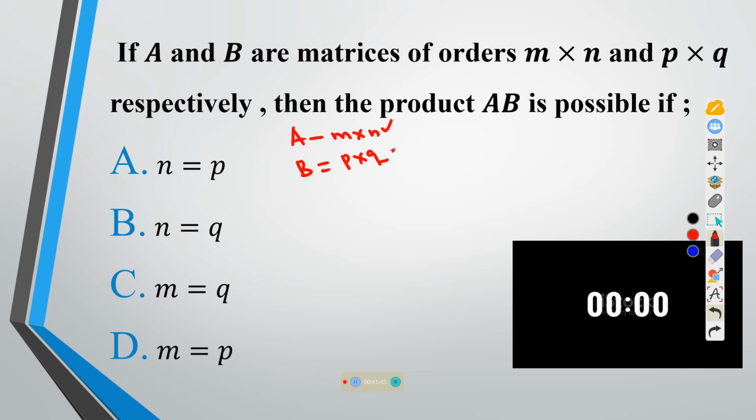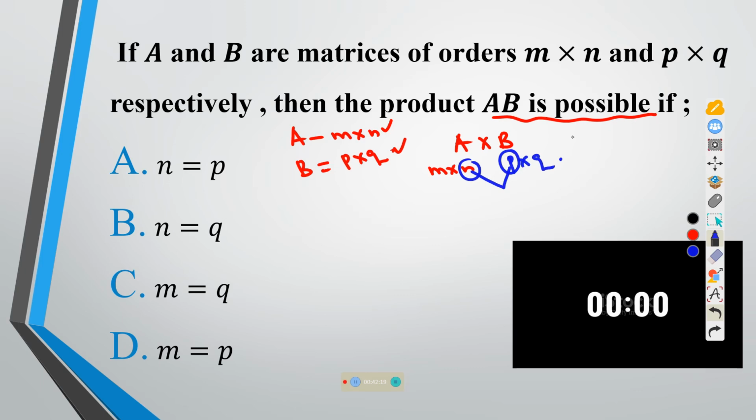So this is A, this is B. And then the product AB is possible if you are able to multiply A with B. What should happen? So A is m by n, B is P by Q. So for these two matrices to be able to be multiplied together, something should happen. This and this must be the same. The number of columns in A must be equal to the number of rows in B.